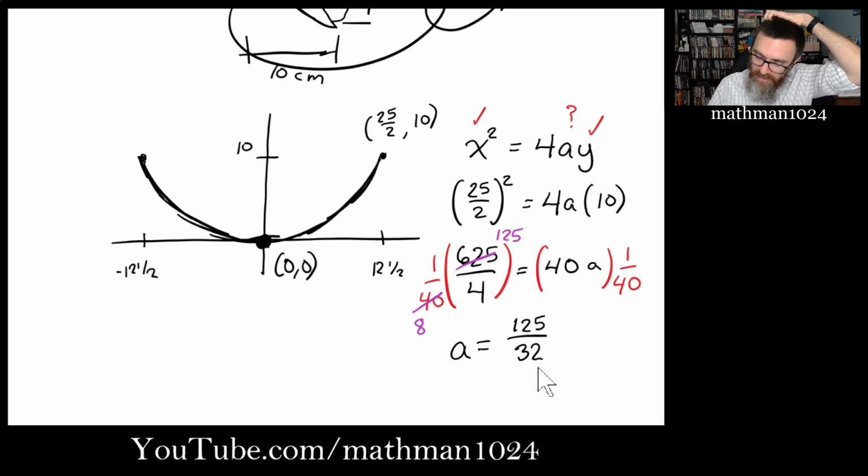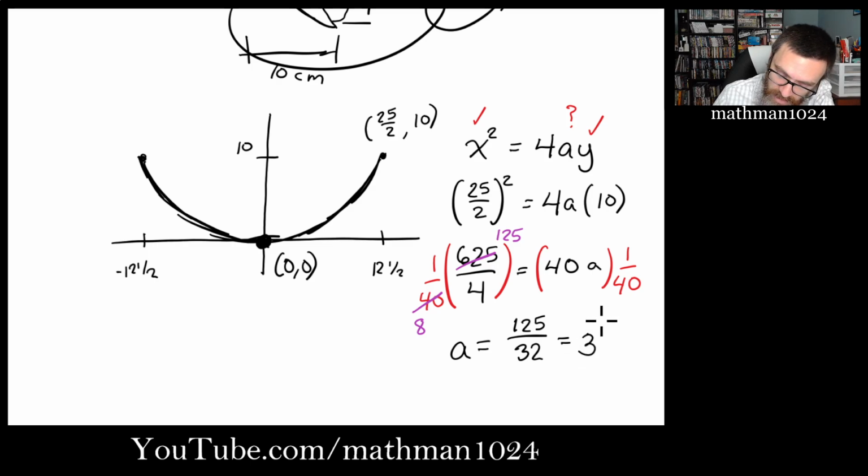It might be kind of difficult to get a sense for exactly where this is. So if we turn this into a mixed number, I've got to make sure I'm doing the math correctly here. It almost goes in 4 times, but not quite. So it goes in 3 times with 29 left over.